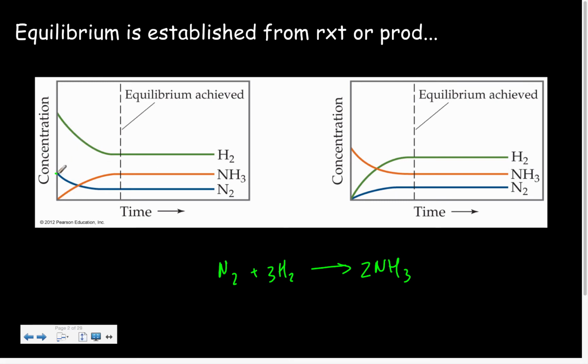If we start with some nitrogen and some hydrogen, eventually they react, consume each other, and produce NH3 until we reach equilibrium. Likewise, if we just start with NH3 in the vessel, eventually that will also decompose to form some hydrogen and nitrogen.